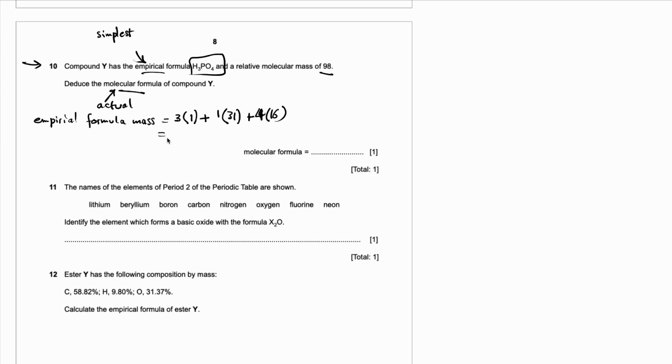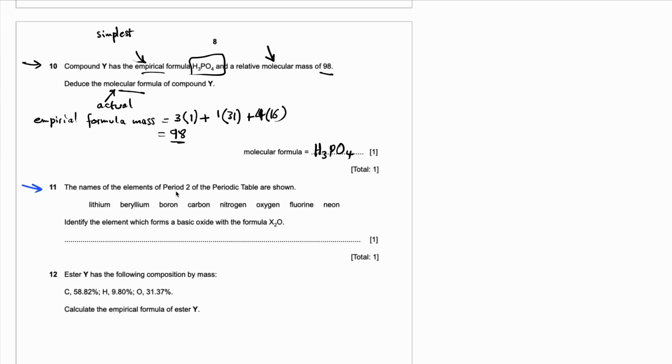They add up to 98, so we've found that the simplified mass is 98 and the actual mass is 98, because he told us that the relative molecular mass is 98. So the actual is exactly the simplified. So once again, the molecular formula is H3PO4. In other words, it hasn't been simplified because it was already in the simplified form.